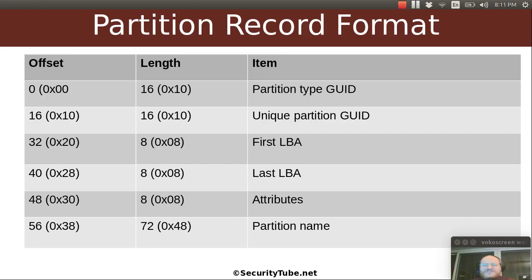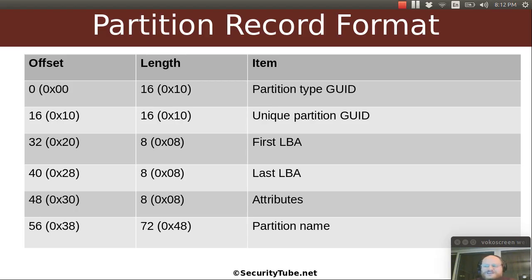And then you have a unique partition GUID, and then an 8-byte value for the first LBA, then an 8-byte, or 64-bit, value for the last LBA, 8 bytes worth of attributes, and then a partition name that can be up to 72 bytes long. Now this is normally stored in Unicode, so this gives you up to 36 characters.